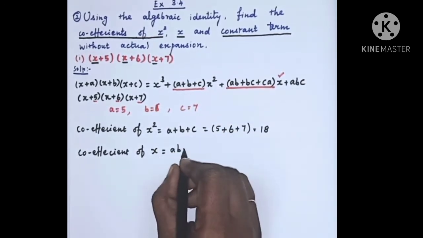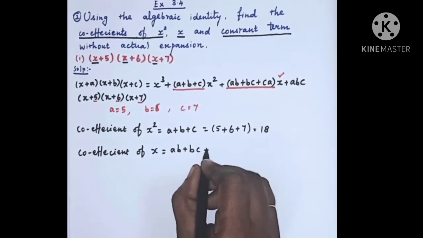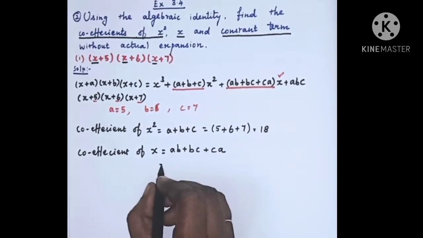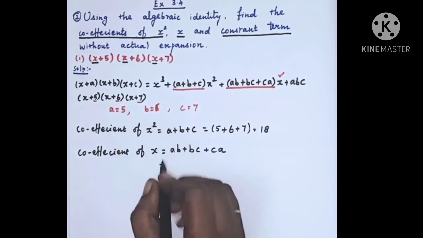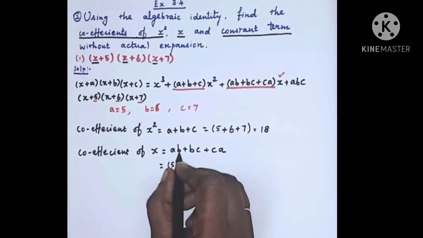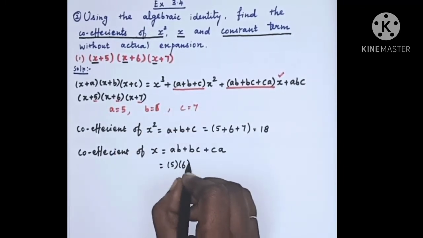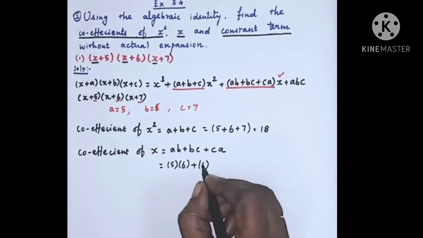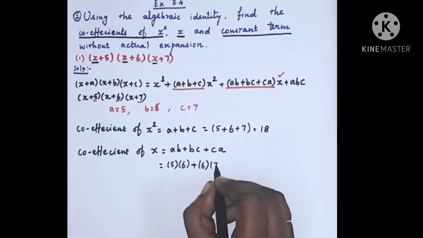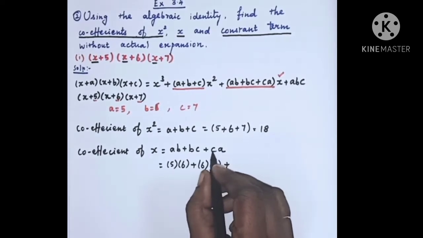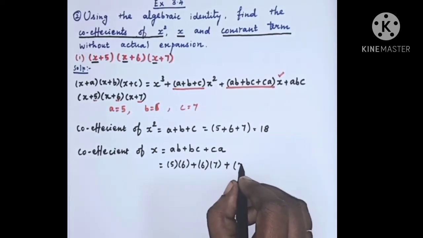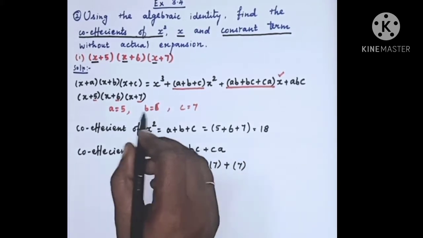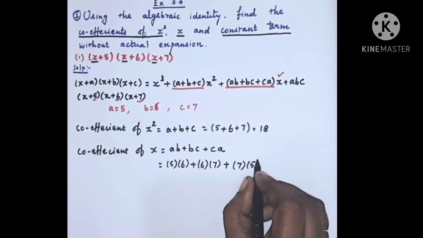AB plus BC plus CA, which is equal to, the value of A is 5 and the value of B is 6. 5 into 6 plus B, which is 6, into C, which is 7, plus C into A. C is nothing but 7 and the value of A is 5.